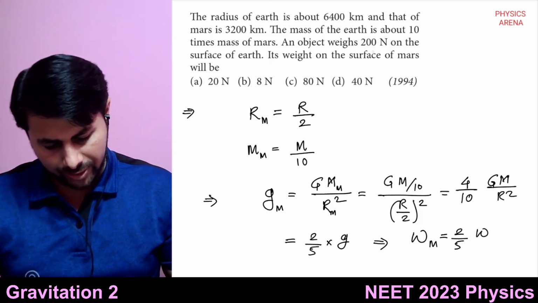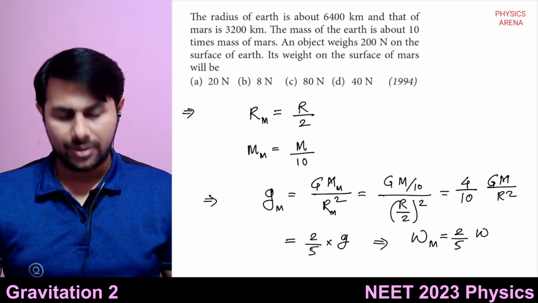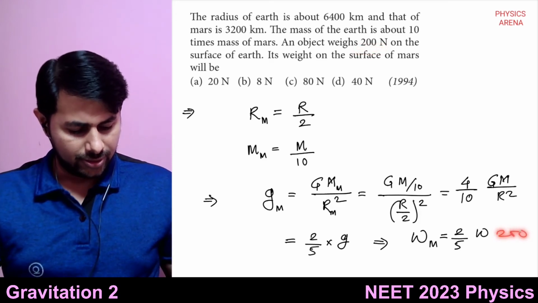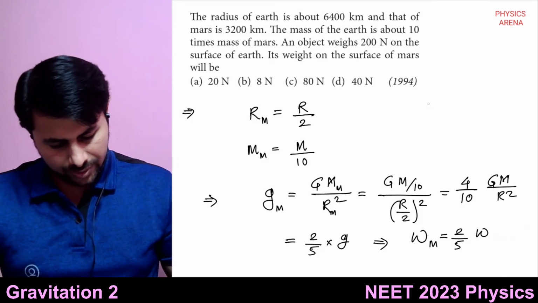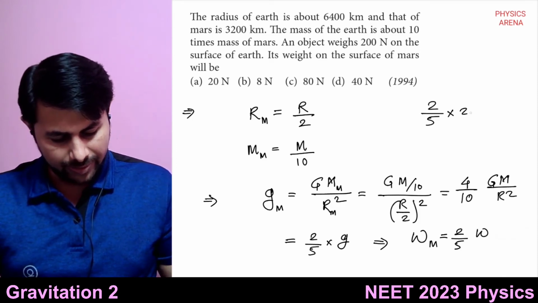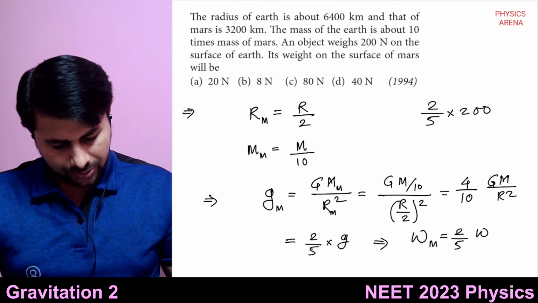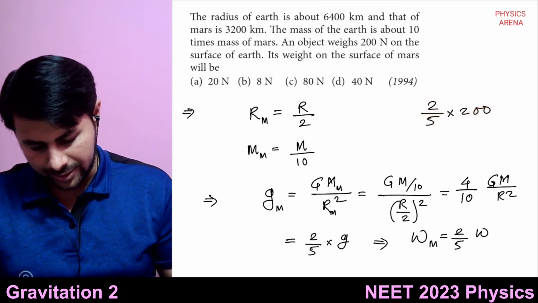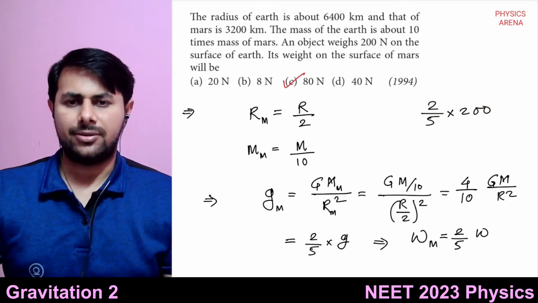What is weight on Earth? It is 200 Newton. So 2 by 5 multiplied by 200. 200 by 5 is 40, 40 times 2 is 80. So 80 is the answer.